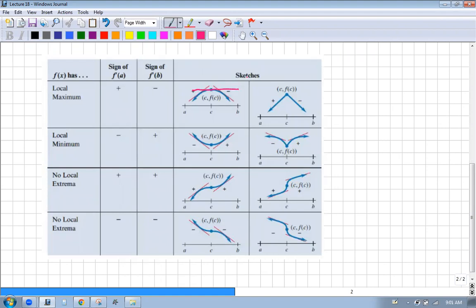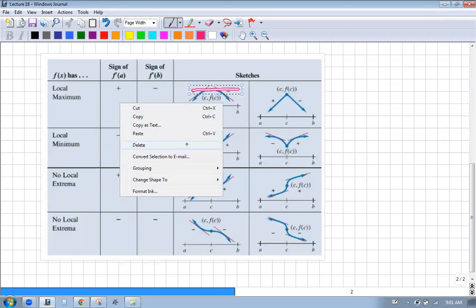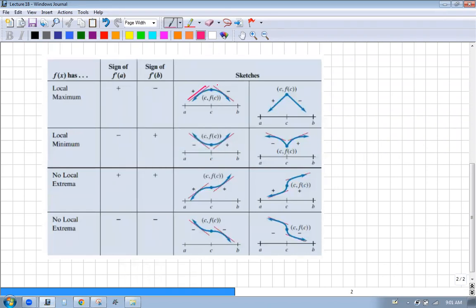If the derivative goes from positive to negative, you have to cross through 0, so that would be a local maximum. For a local minimum, the first derivative goes from negative to 0 to positive. That gives you a local minimum, okay?